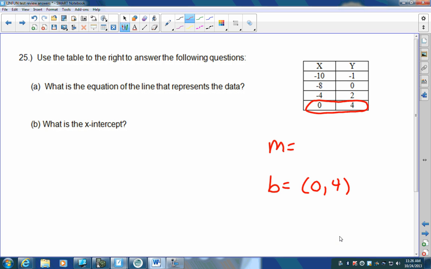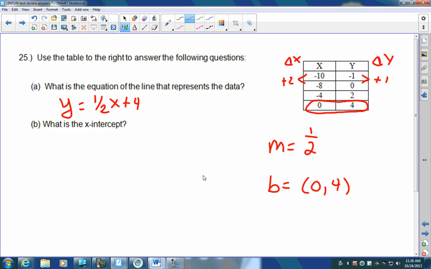My slope, delta y plus 1, delta x plus 2. Delta y over delta x, 1 over 2. Be very careful. One of the biggest mistakes is people put 2 instead of 1/2. My equation should be y equals 1/2 x plus 4.